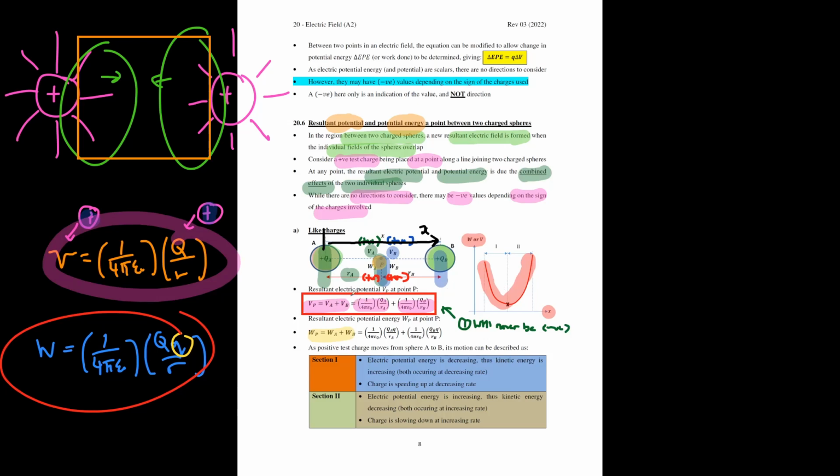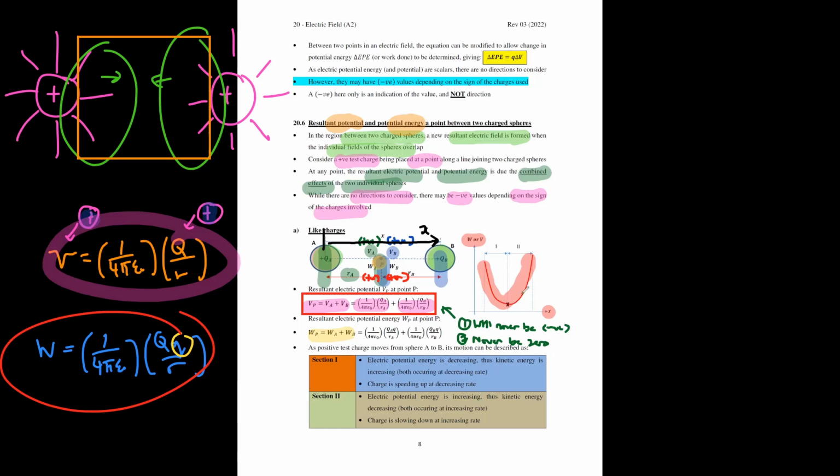And because it's positive plus positive, you will also never be zero. That's why, when you draw your graph, this little minimum point will never touch zero, neither will it ever go to the negative side.